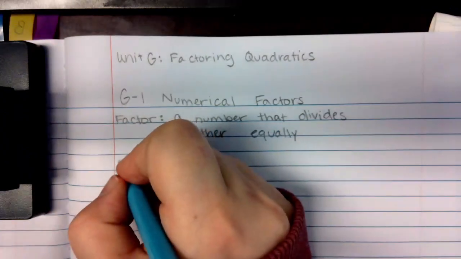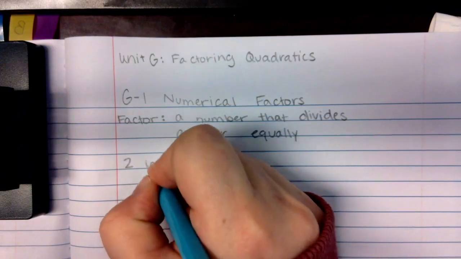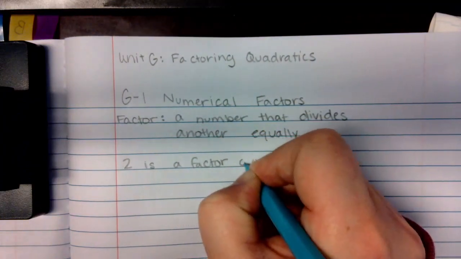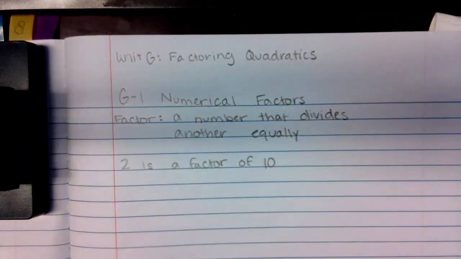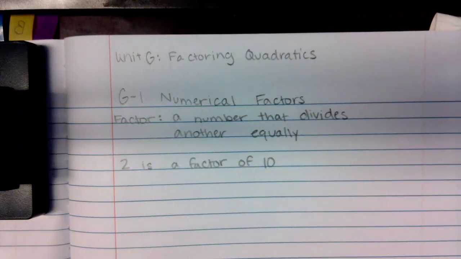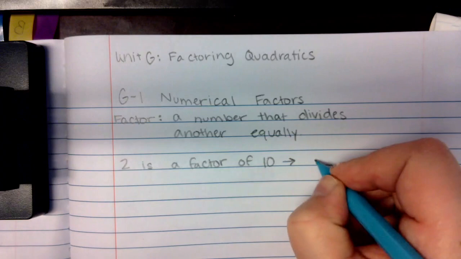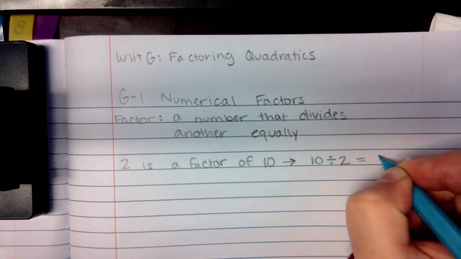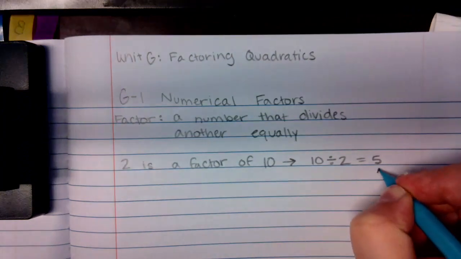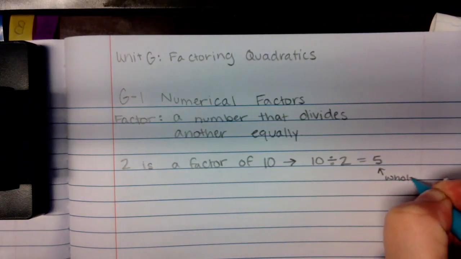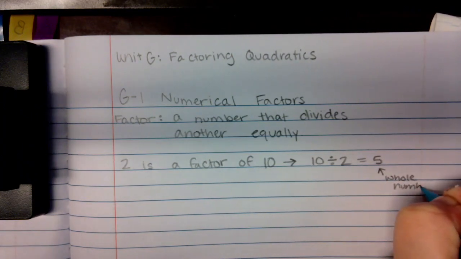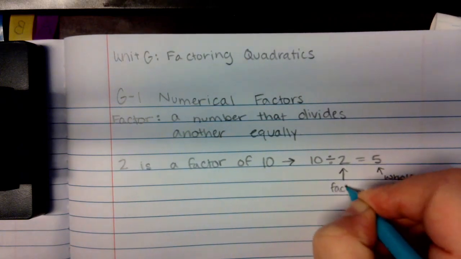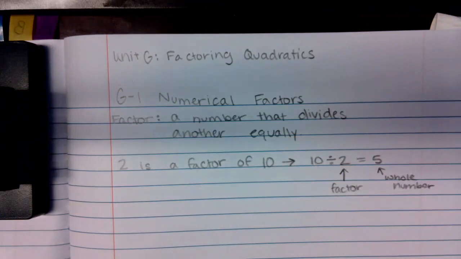Okay, so for example, 2 is a factor of 10. Okay, because when we look at that, we can do 10 divided by 2 equals 5. So because we get a whole number here, that means 2 is a factor. It plays into the 10.